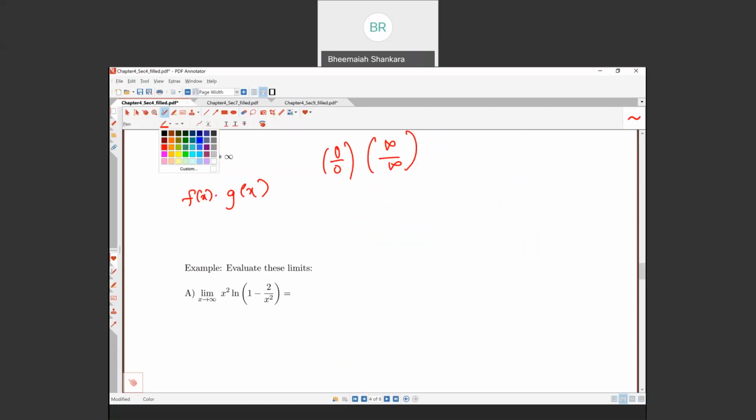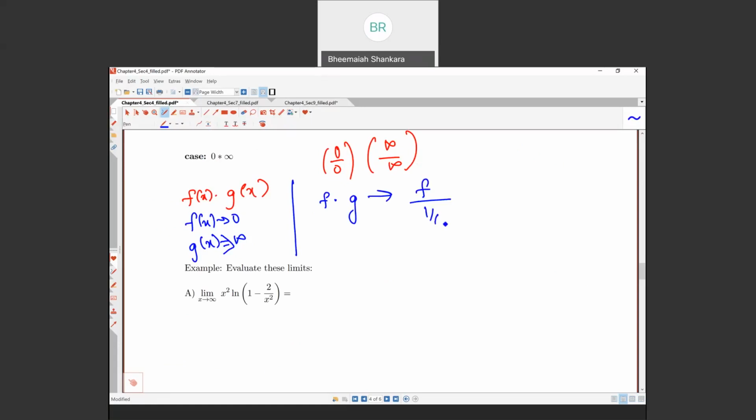Say f of x goes to 0 and say g of x goes to infinity. Then you can write f times g as f over 1 over g. Or you can write g divided by 1 over f.